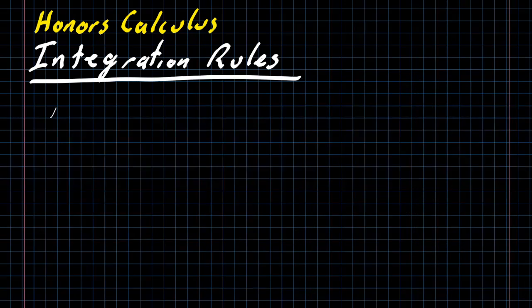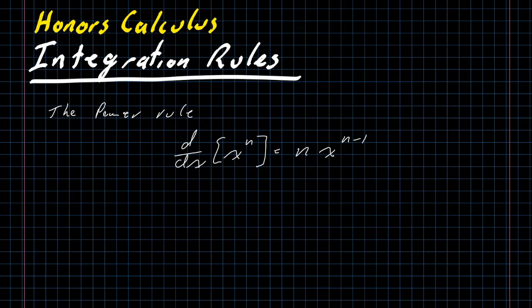The rule that we most commonly use in differentiation has been the power rule. The derivative of x to the n power is n times x to the n minus 1 power.